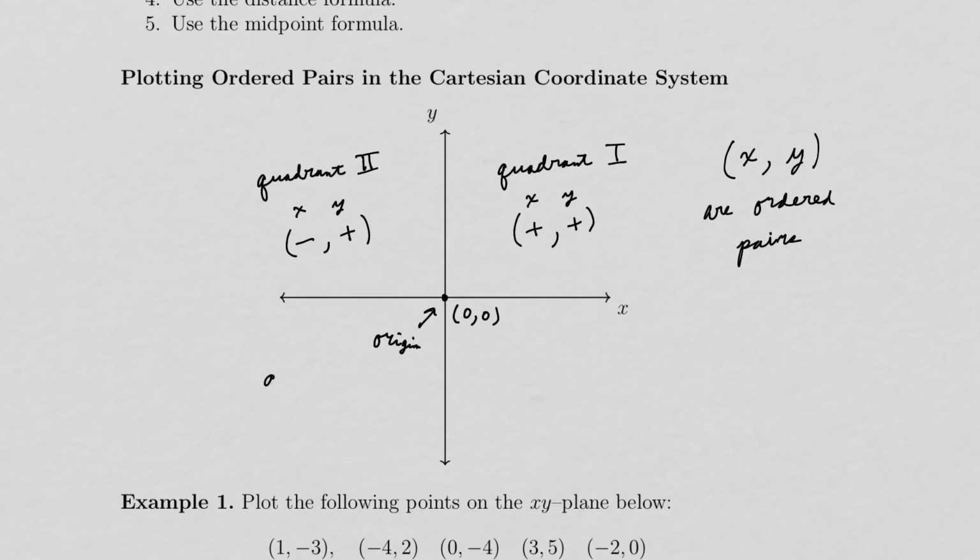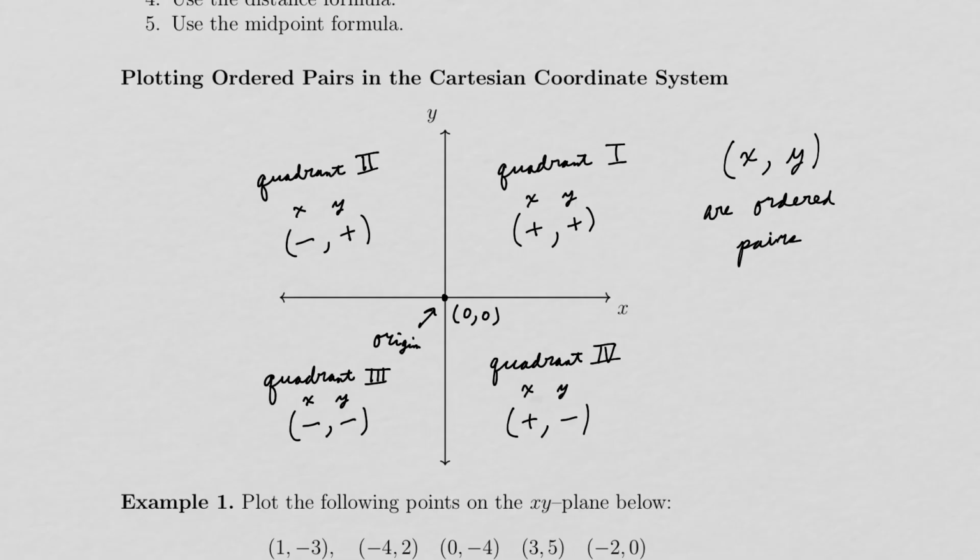This is quadrant 3. To get a point in this quadrant, I'd have to move to the left of the y-axis and down from the x-axis, so both my x and y values are going to be negative. And then finally, the bottom right is quadrant 4. Usually we use Roman numerals for these. In this case, my x is positive, but my y value is negative.